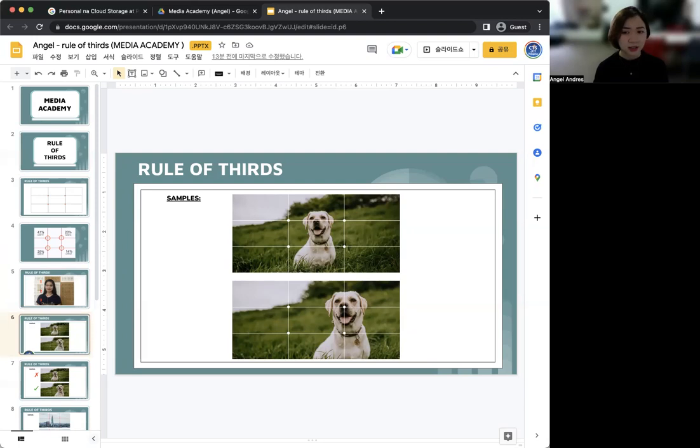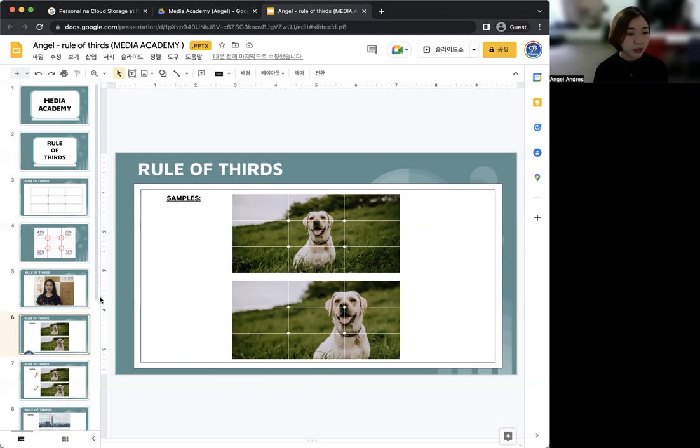This image is a dog portrait. In the first picture, it is centered in the frame. In the second picture, we move the focus subject to the right intersection to create a more interesting image. It looks more balanced. It feels like a stronger image, more dynamic, meaning it creates more communication between the image and the viewer.